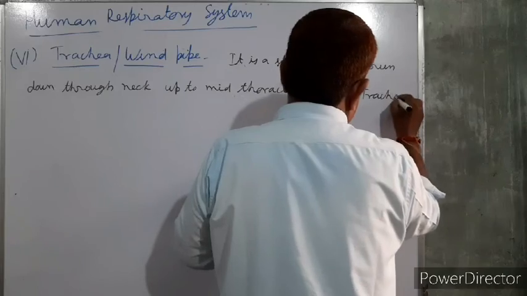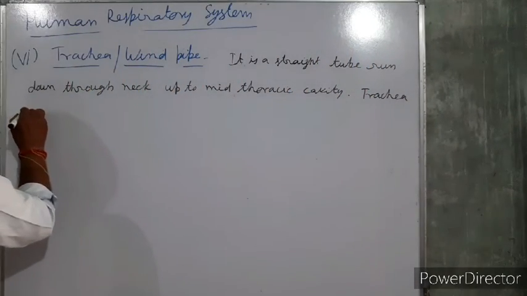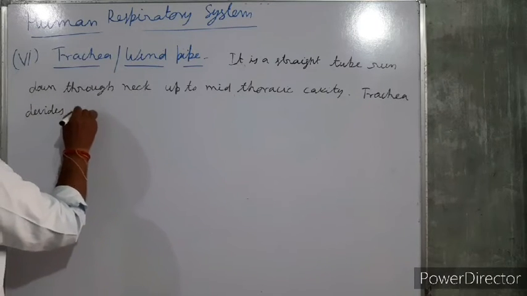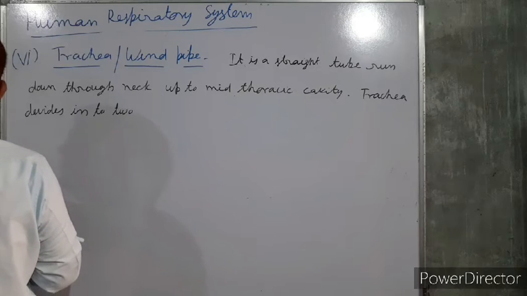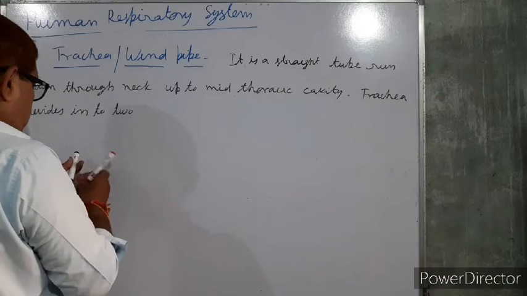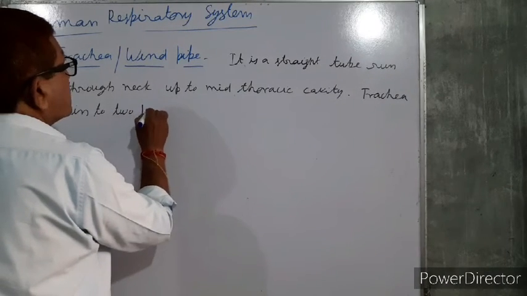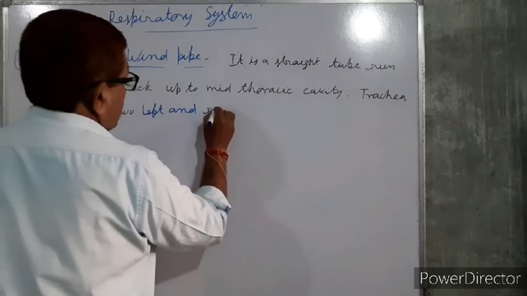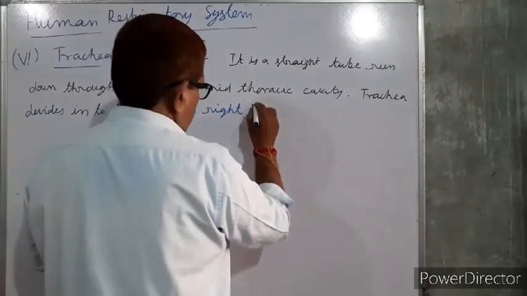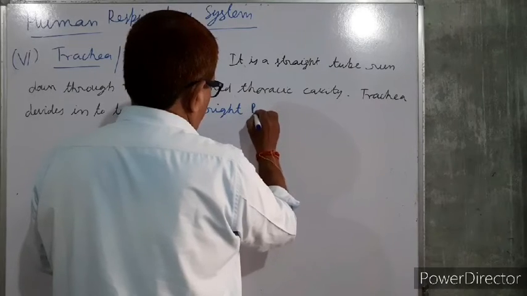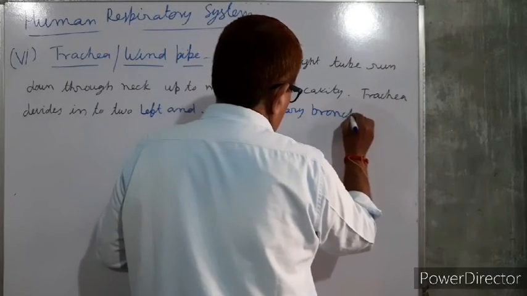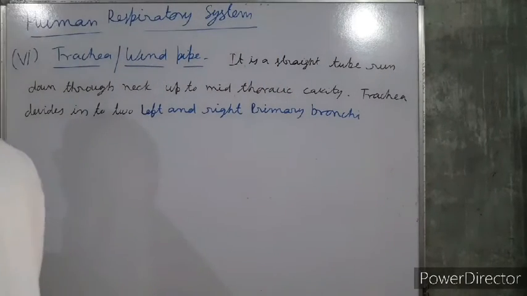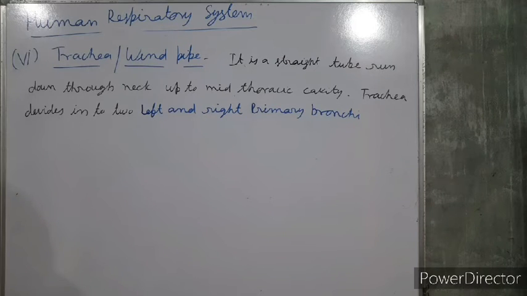Here the trachea divides into two, the left and right primary bronchi.